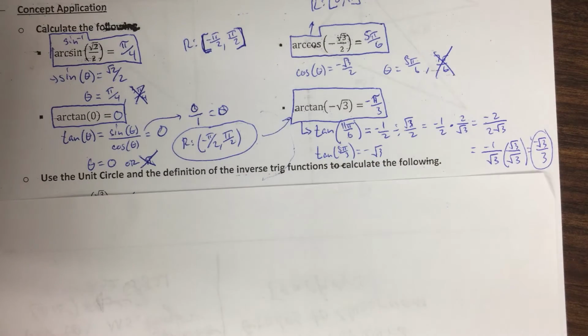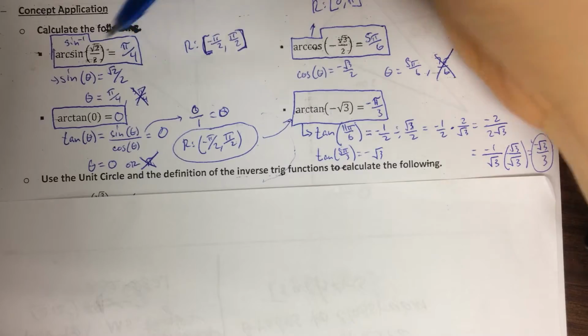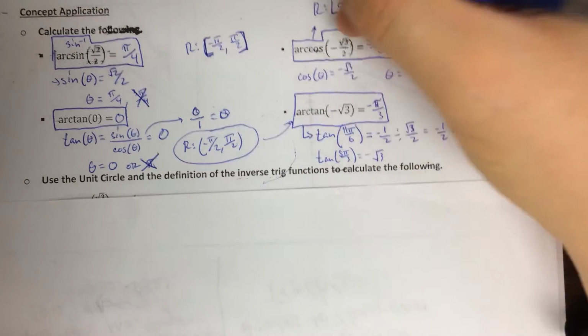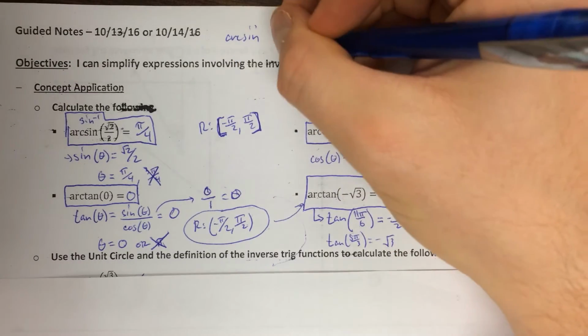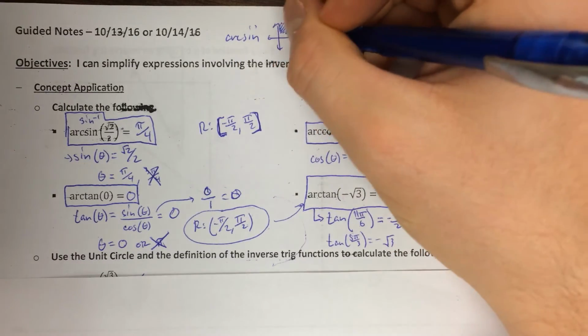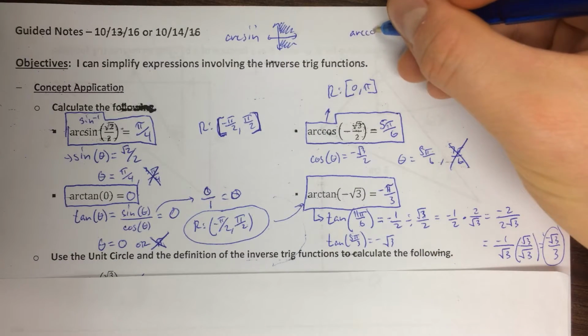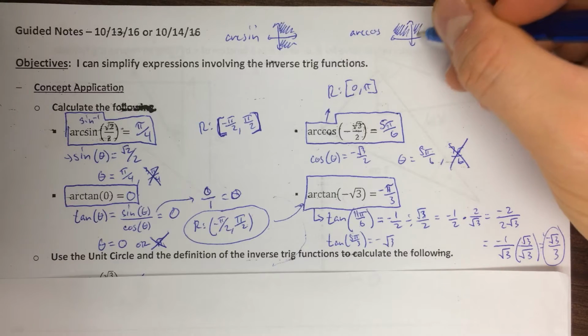Alright. So essentially what's happening is for arc sine, we're looking at quadrants 1 and 4. In fact, I'll do this up here, arc sine, we're looking at quadrants 1 and 4. Arc cosine, we're looking in quadrants 1 and 2.